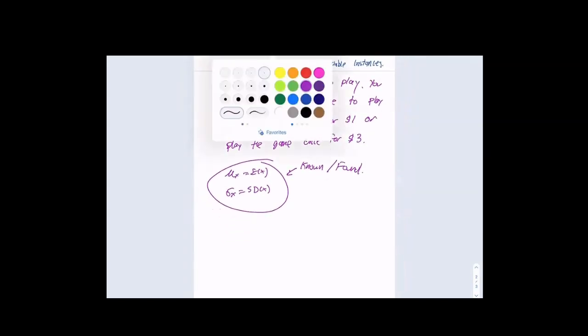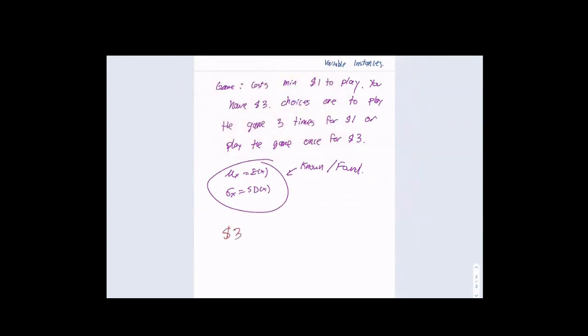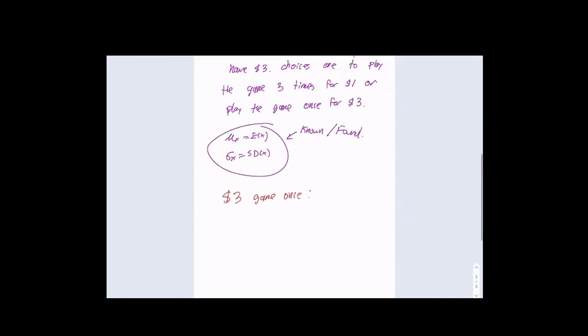If we play the $3 game, then that means we can use the notation, you know, I might say t for 3, or I might say something like y equals 3x.